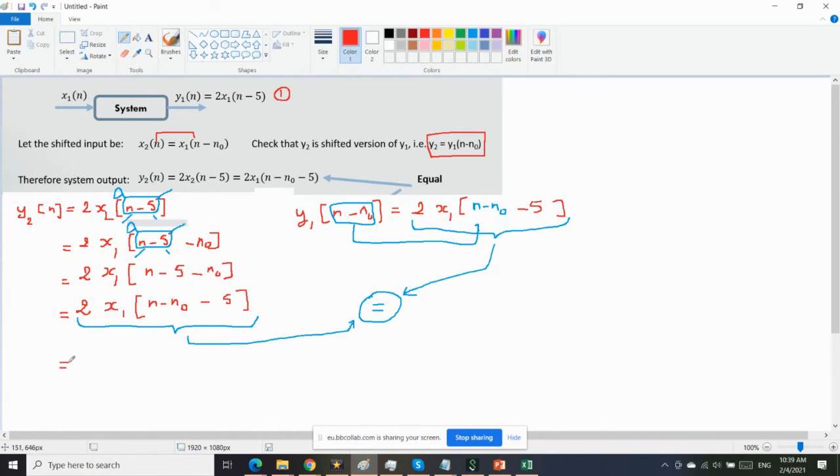So this is equal to y1[n - n0]. So we proved this. Therefore, the system is time invariant.